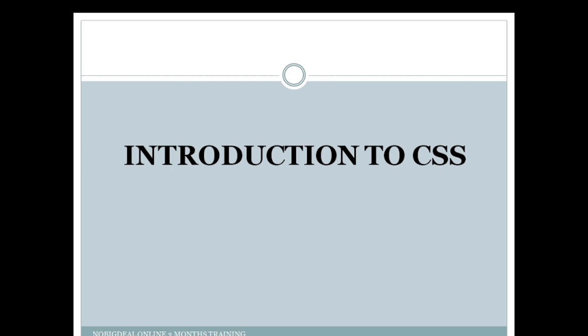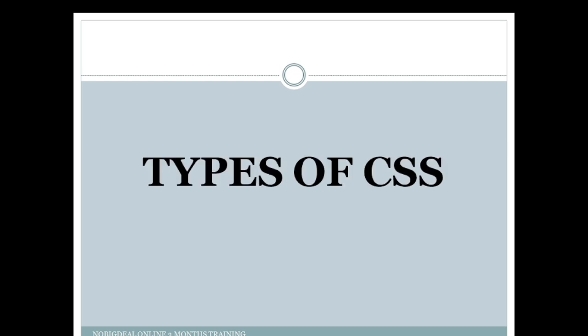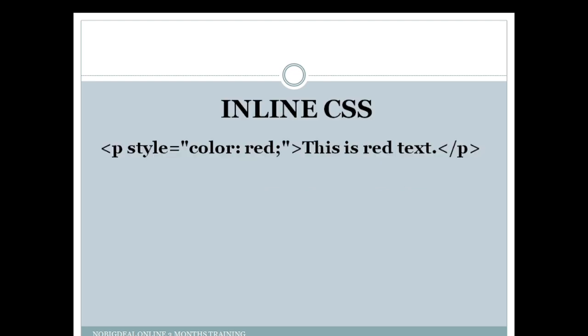We now have 3 types of CSS. The first type is inline CSS. Inline CSS is written like this on the screen, whereby the p is the tag and the style is put inside the tag.